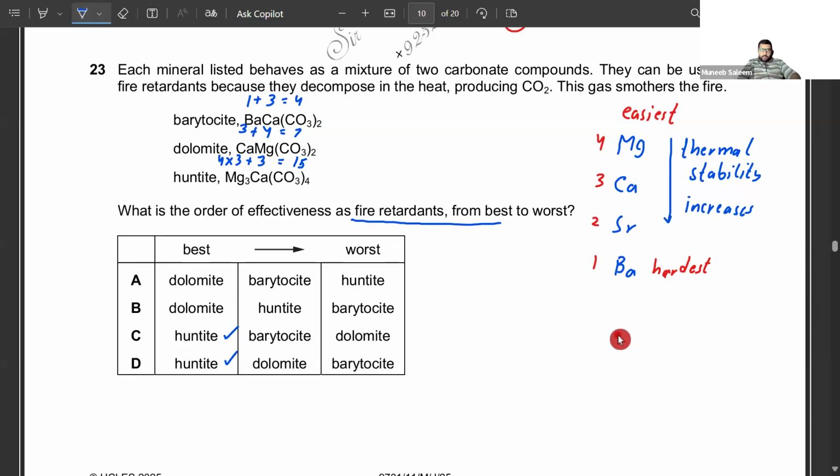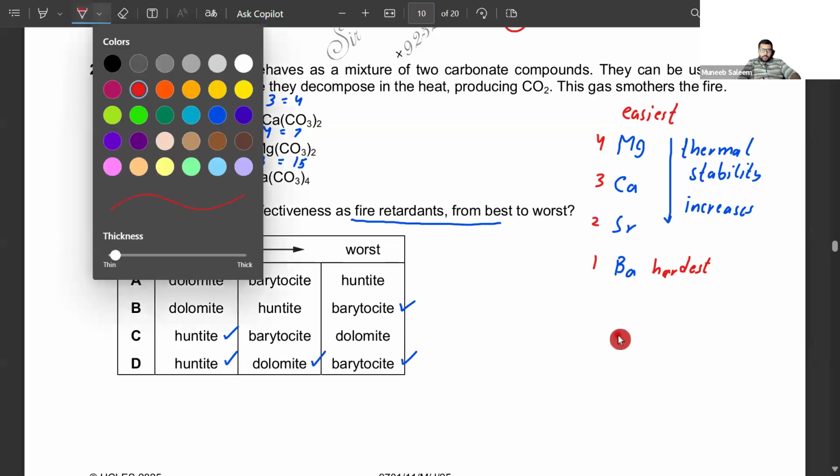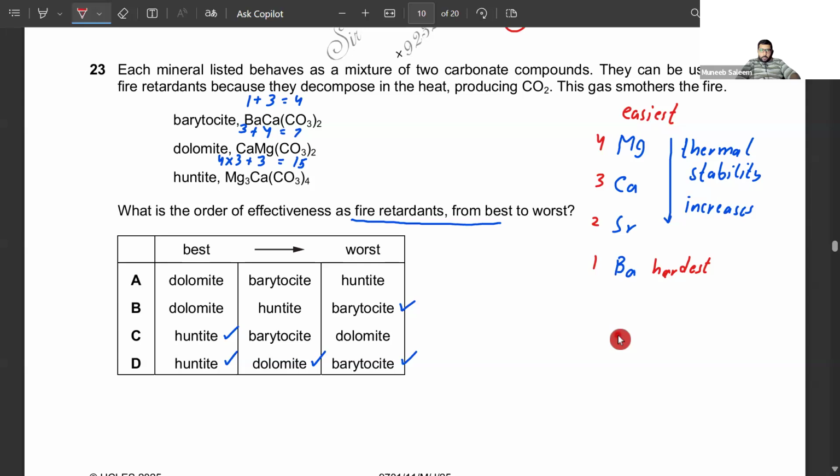And the worst is the one which has the lowest value, that is barytocalcite. So barytocalcite is the worst. And I can see that dolomite is in between. So dolomite is here. So there are now 3 ticks across the D option. So that's why D is the correct answer.